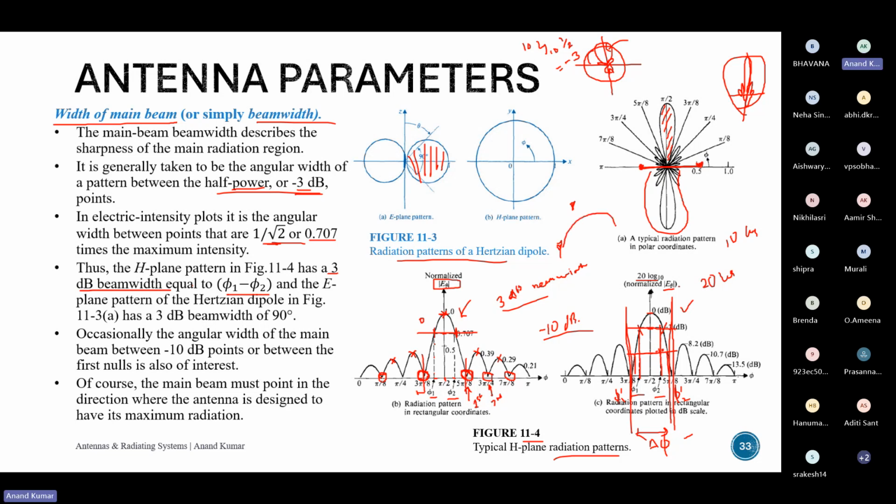This is your first beam, this is the second beam, and these are the minor lobes. Your first null is over here, and this is the line I'm drawing to classify where the beam width is. So this is the first null beam width, which we get from delta phi.